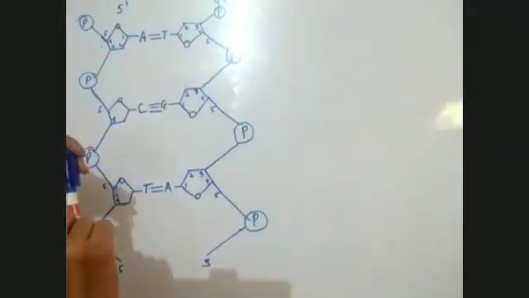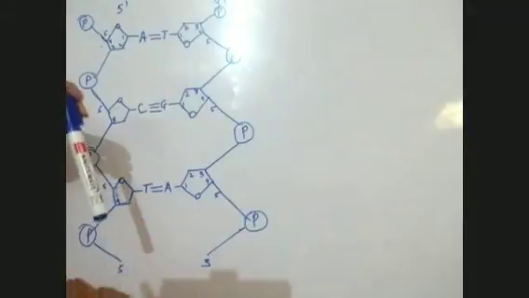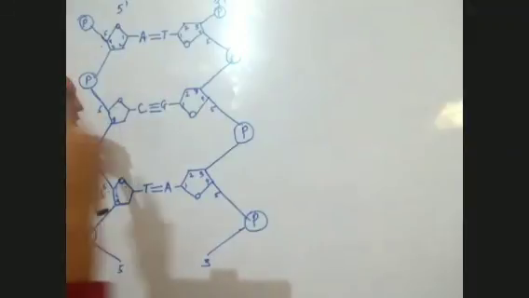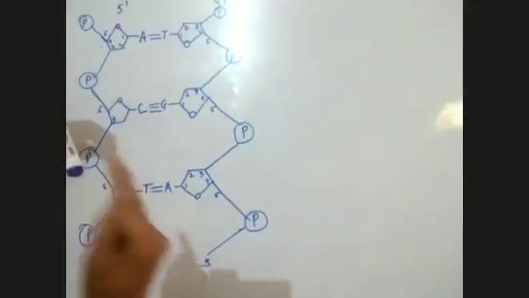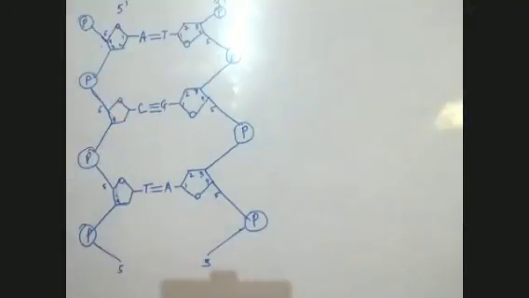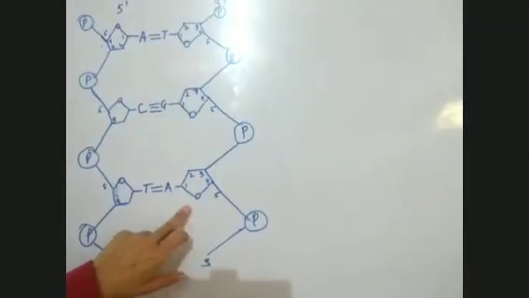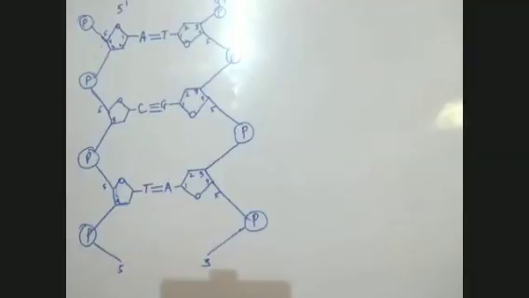Suppose this is one strand, another strand goes like this, then only we can have a helically arranged structure. And that is only possible if one pentose sugar is inverted. So it helps in making an anti-parallel and helical arrangement of two strands of DNA.